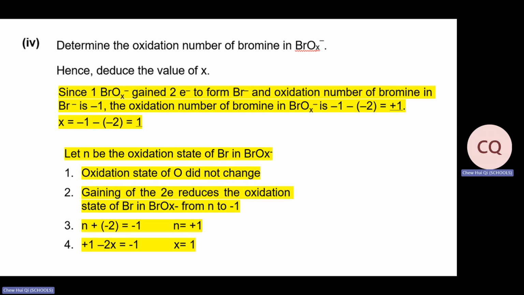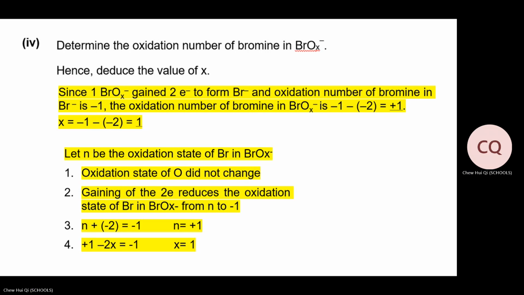So first, let N be the oxidation state of Br in BrOx minus. Now we know that the oxidation state of the oxygen atom did not change at all. It is Br that has gained the electrons to be reduced to -1. So the equation: N minus 2 equals -1. Therefore, you already know that the oxidation state of bromine is actually +1 from here.